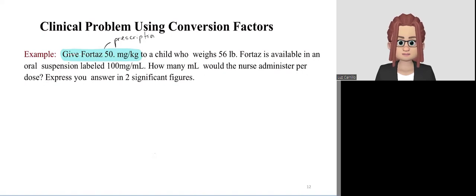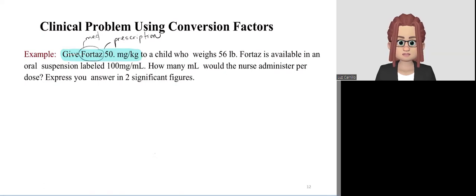And it could be expressed as prescribed and then gives you the amount, or like I said, the doctor's orders. So here, because it says give the medication, which is 4 tests, 50 milligrams per kilogram, that's going to be our prescription.